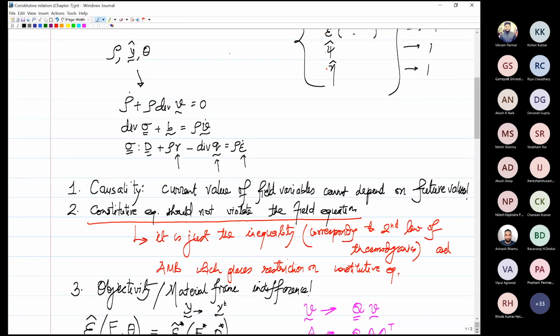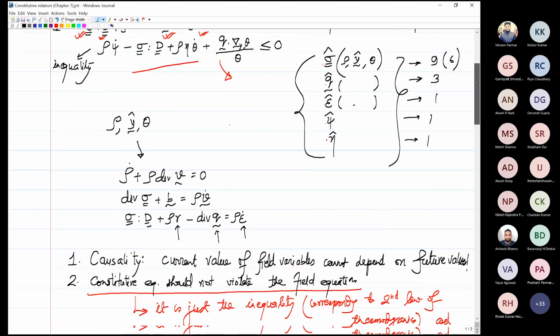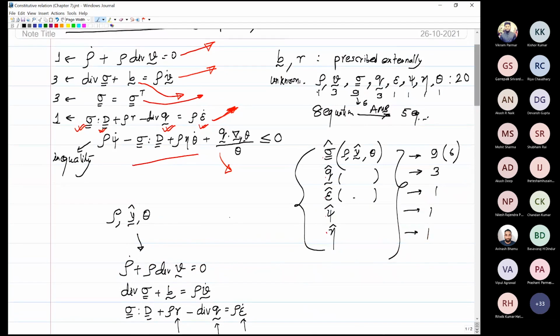Likewise, if you talk of the second law of thermodynamics, it indeed gets simplified greatly. It has theta dot, you see it's not going to be there. Then theta being homogeneous, this term is also not there, and q is also not there.